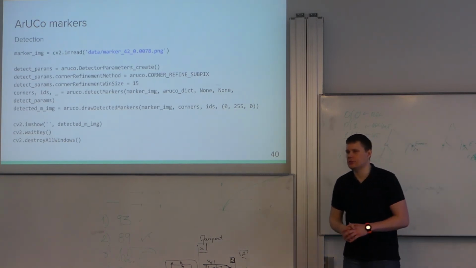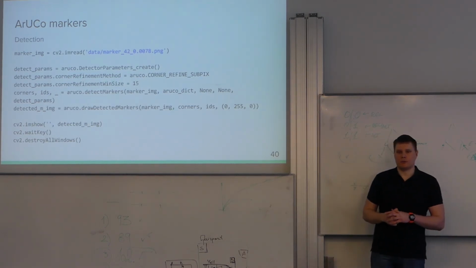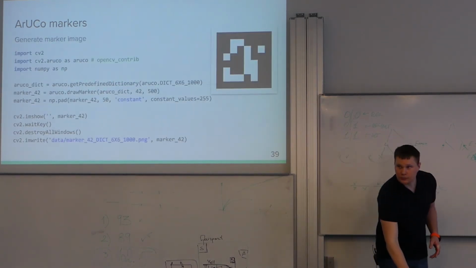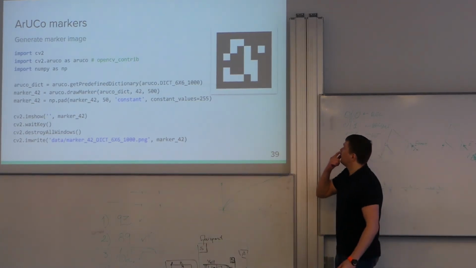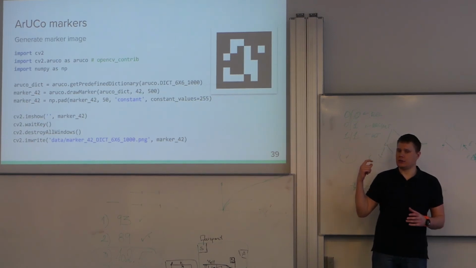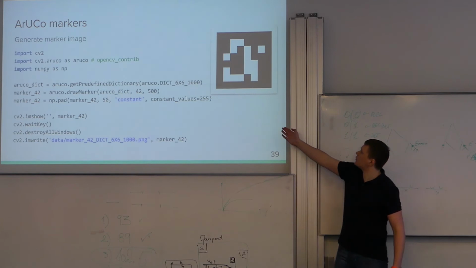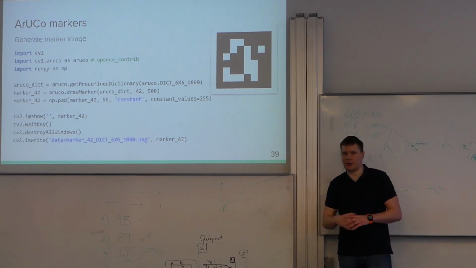Is it possible to put any information into the Aruco marker? An Aruco marker actually has one single identifier. It can be restored. This identifier is an integer number.